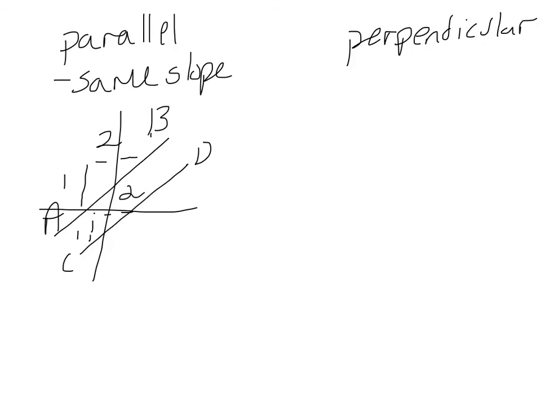Perpendicular lines, on the other hand, have negative reciprocal slopes.